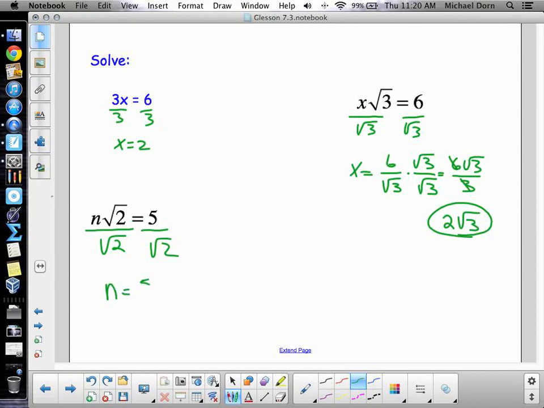So n is 5 over the square root of 2, which then needs to be rationalized. And that 5 and 2 do not reduce, so that's our answer. And you've done stuff like this in Algebra 1, but this is going to be a process that we're going to do a lot over the next few days. This whole dividing and rationalizing. You need to be getting used to that.